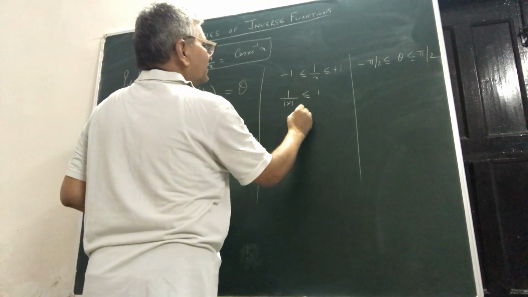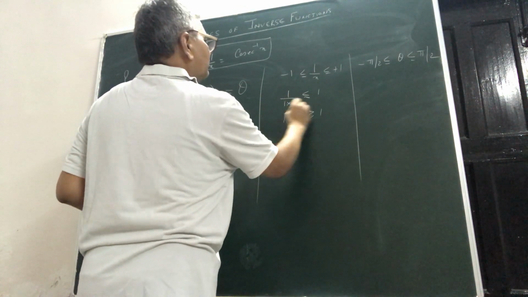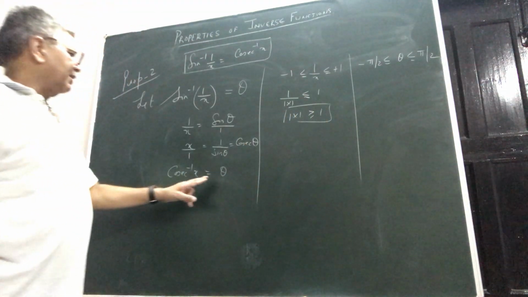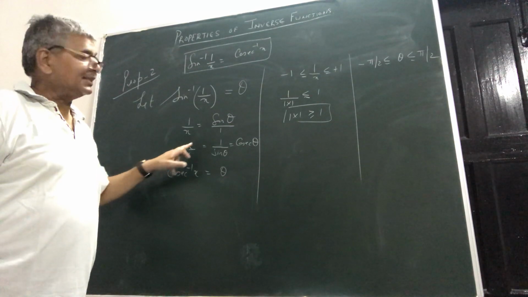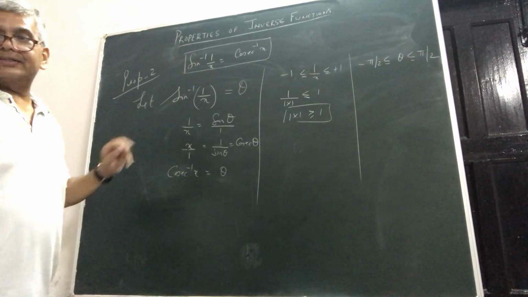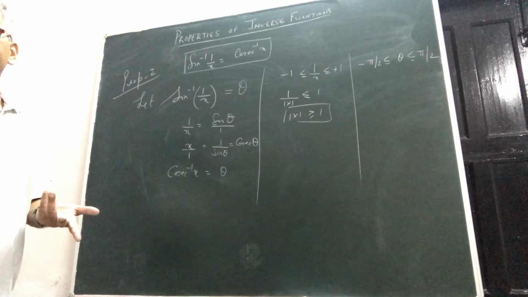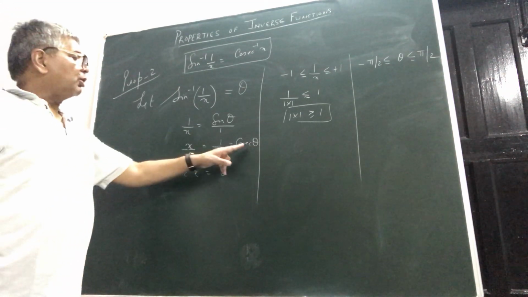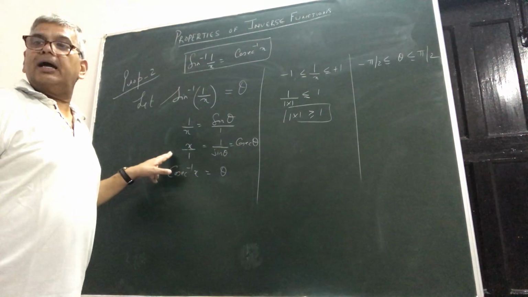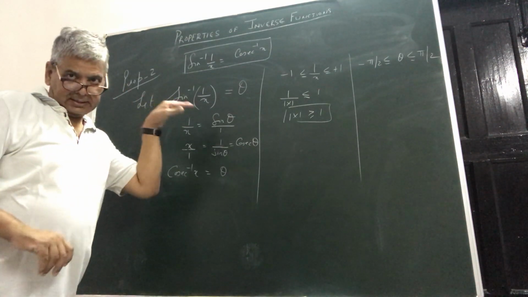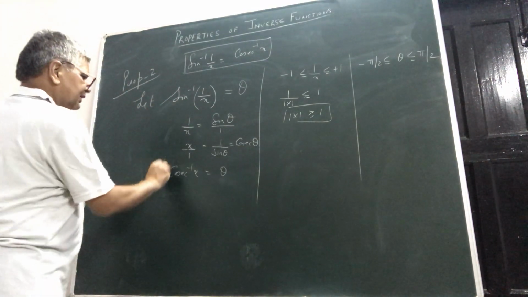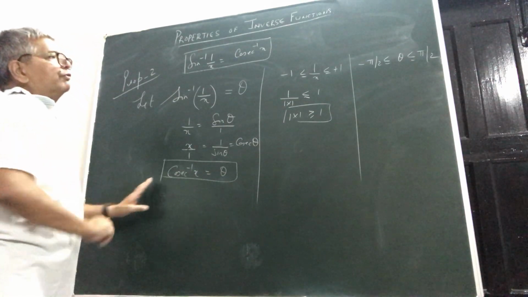So mod x will be greater than 1, and that is the requirement of cosec inverse, because if x had been between minus 1 and 1, then you could not have taken cosec inverse, as it would not even have existed. The domain of cosec inverse is greater than plus 1 and less than minus 1. So you are justified. This gives you the proof here.